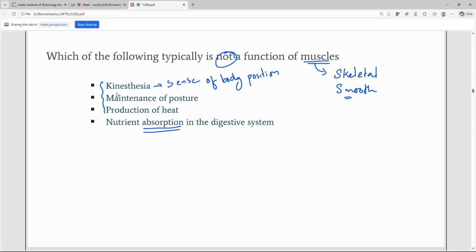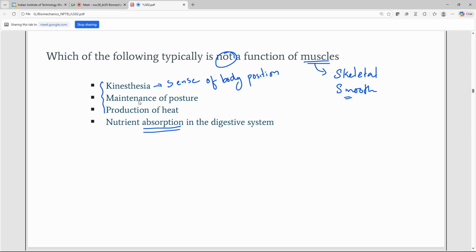Kinesthesia, because the skeletal muscle fibers have nerves. These nerves give information about where each of our organs or limbs is. That's why the muscles give information of the position of the body, and also maintenance of posture. Our bones mainly give the proper structure, and the bones are connected with the muscles.